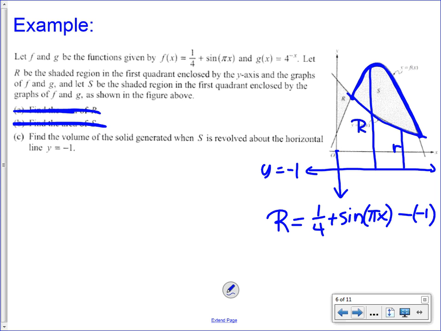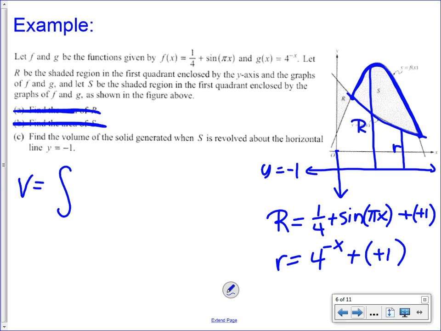Then little r is going to be 4 to the negative x minus -1. These will become +1 since we're subtracting a negative. And then we can set up our definite integral.